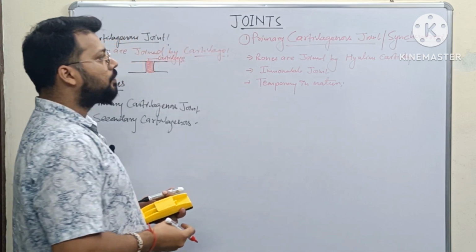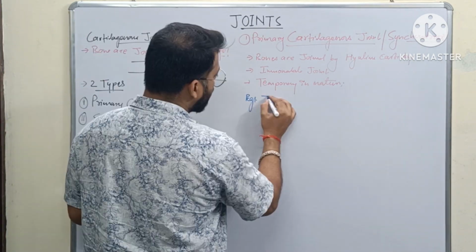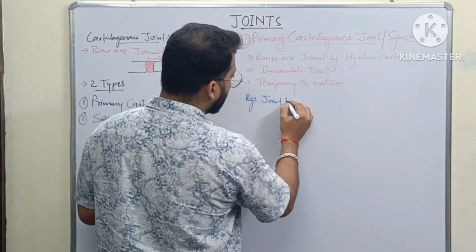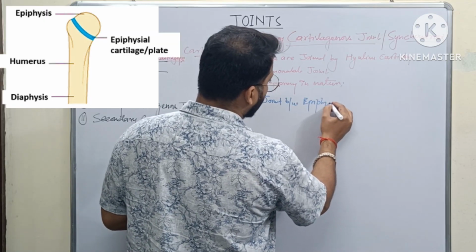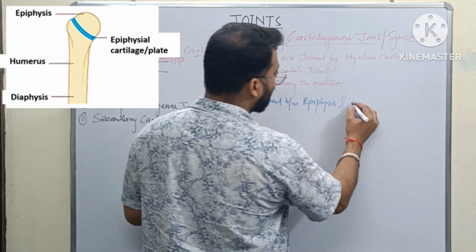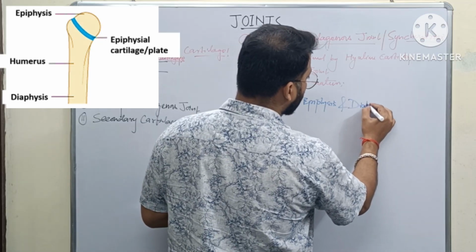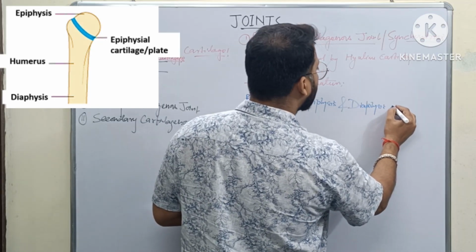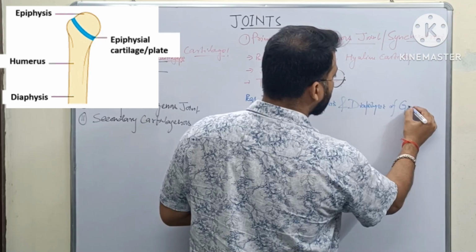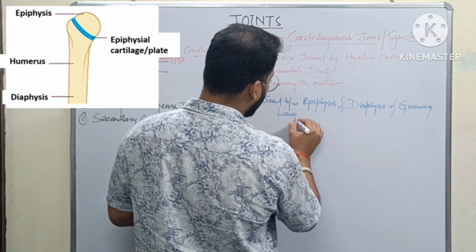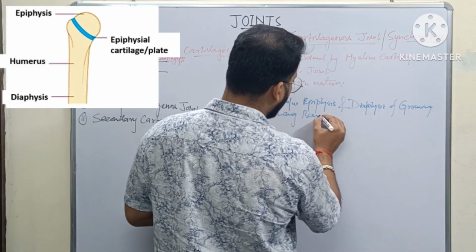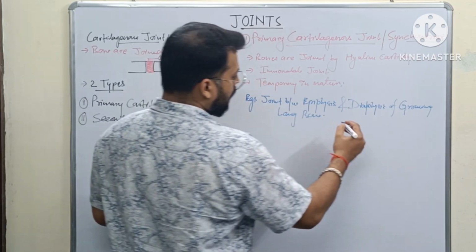And the example of the primary cartilaginous joint is joint between epiphysis and diaphysis of growing long bone.